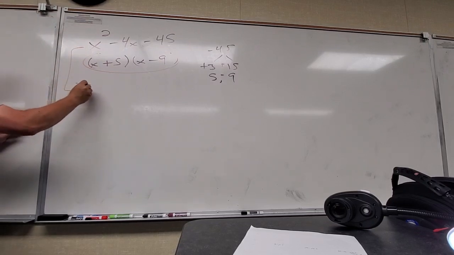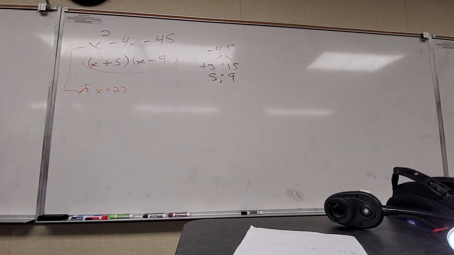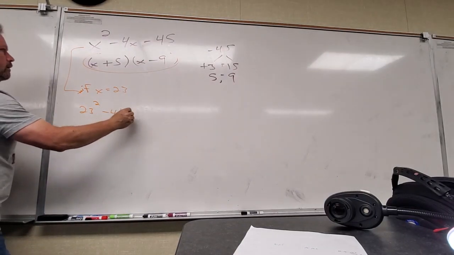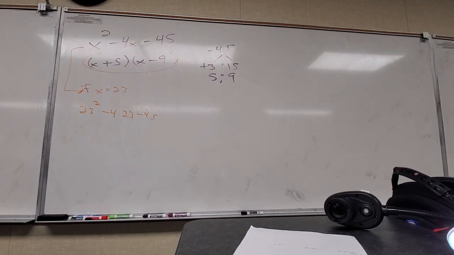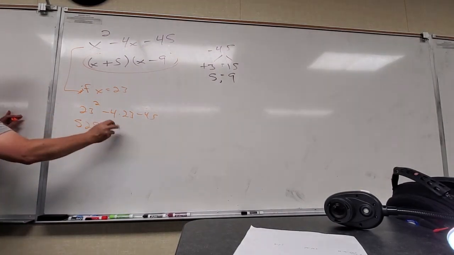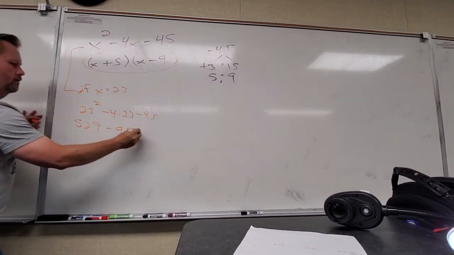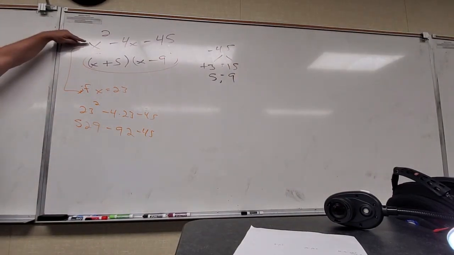If x was 23, I'm going to need some help. I put a 23 in for x. 23 squared, let me see real quick. 23 squared would be 529. Check me. Yes? Okay. 529 minus 4 times 23 is 92, minus 45. Is everybody understanding what I'm doing right now? This expression is here.